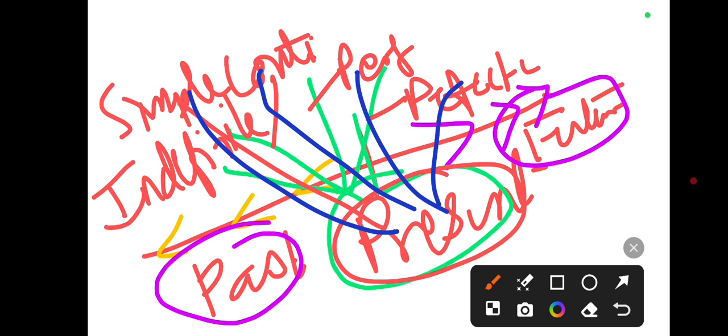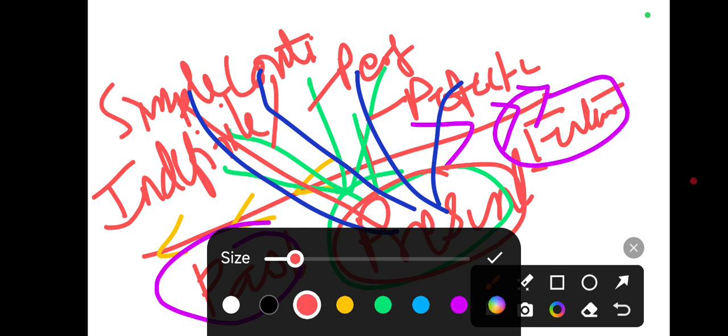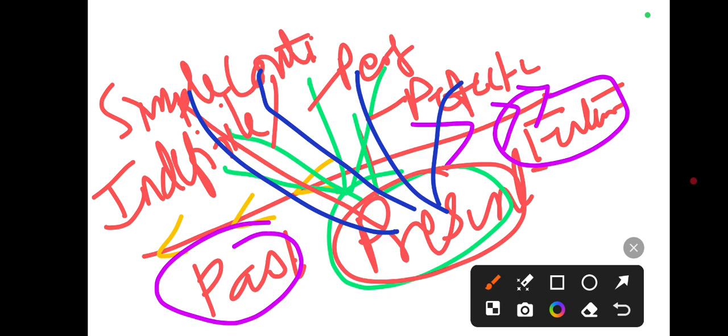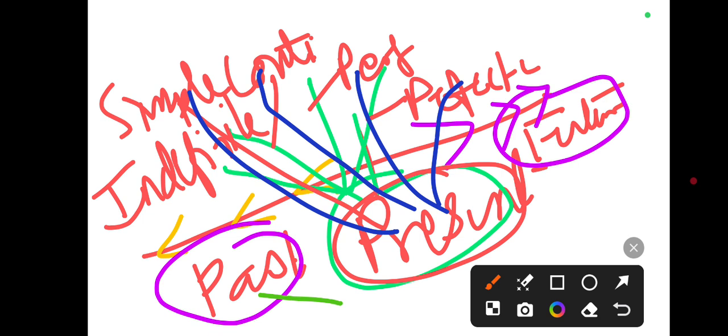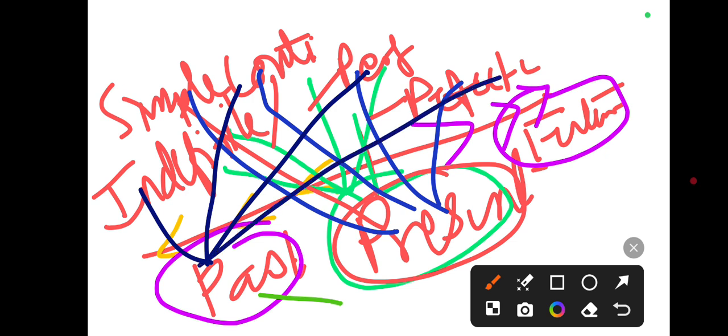Then come to past. For past, we will discuss this way: past indefinite, then past continuous, then past perfect and past perfect continuous.